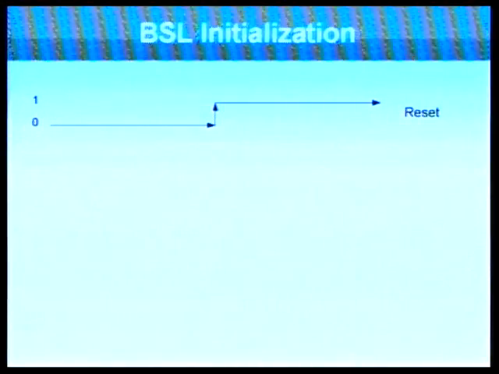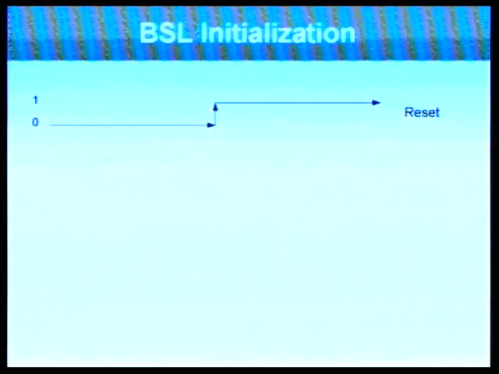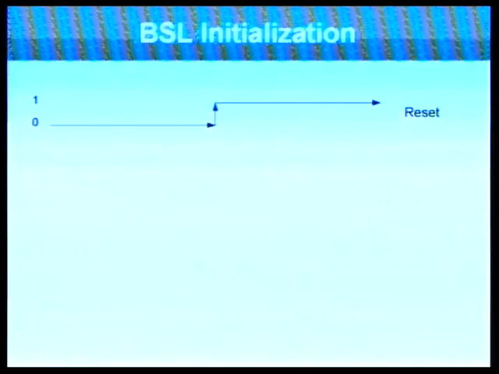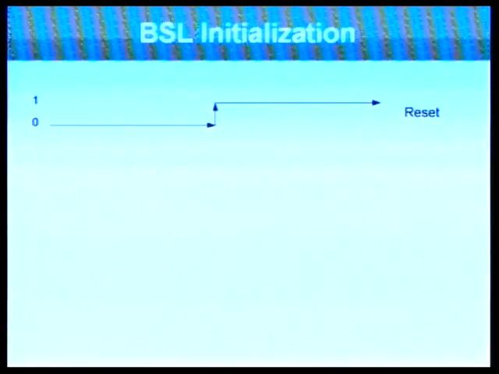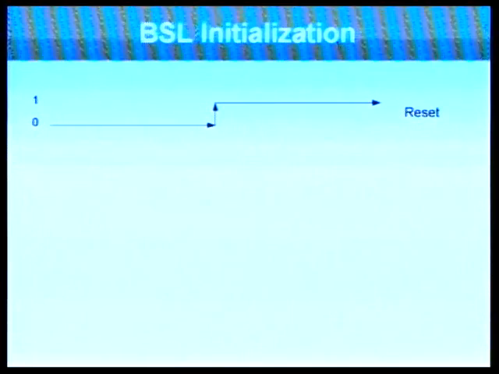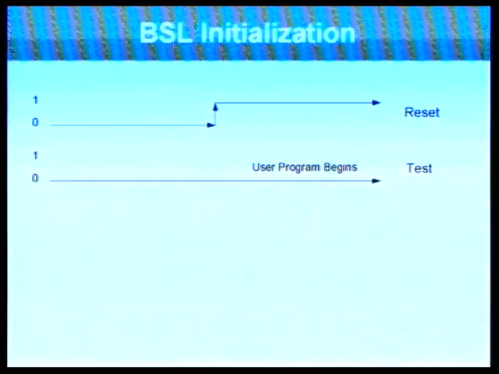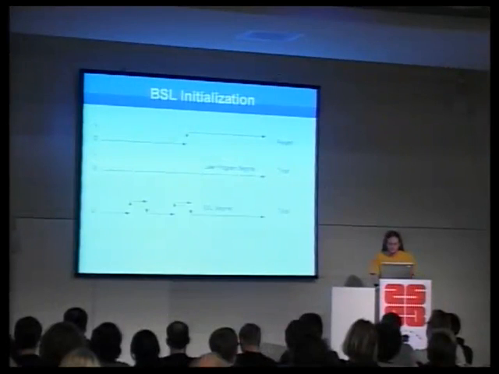Now, to start the BSL, keep in mind this is a microcontroller, it has no innate operating system. Usually you turn the microcontroller on by raising the reset pin from 0 to 1. And if your test pin remains grounded throughout that, then the user program will begin.